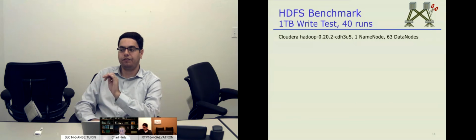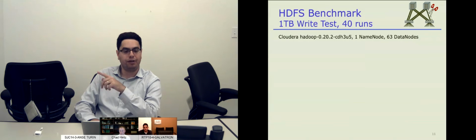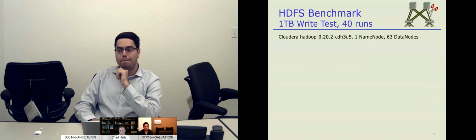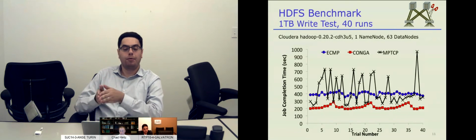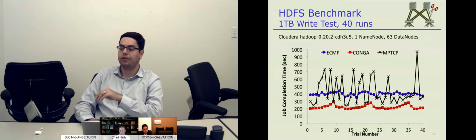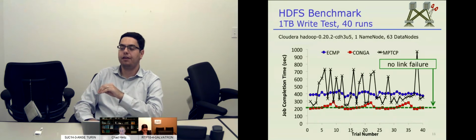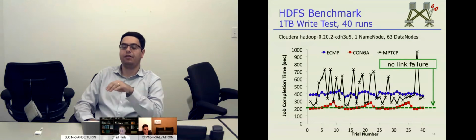And what we did here, to get the impact of these link failures, was fail one of those links. So we have an asymmetric topology, like in the picture in the corner there. This is what we get for the total job completion times across 40 runs of this benchmark. Just to set a baseline, when we don't have any link failures, the average job completion time is around 200 seconds.